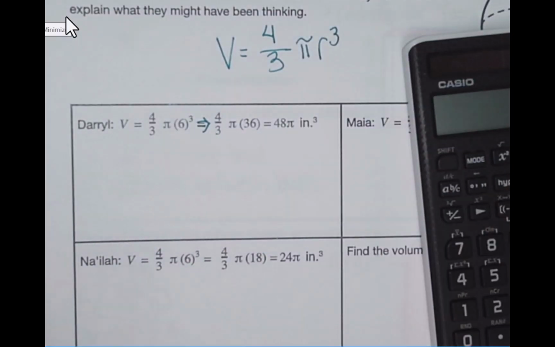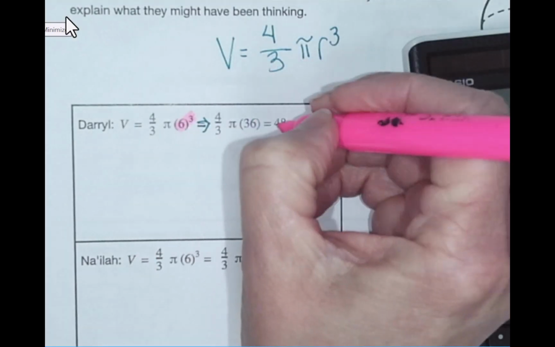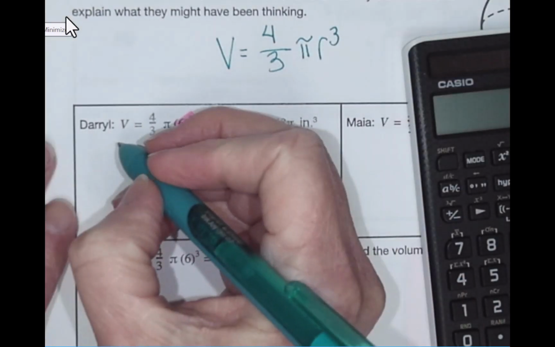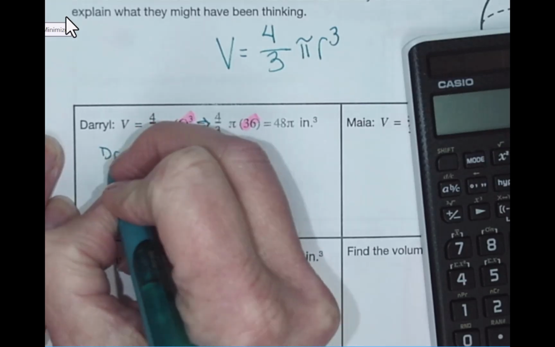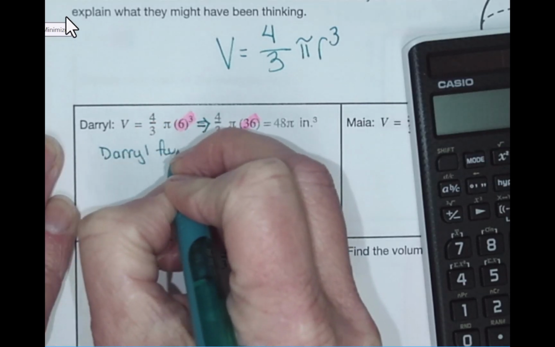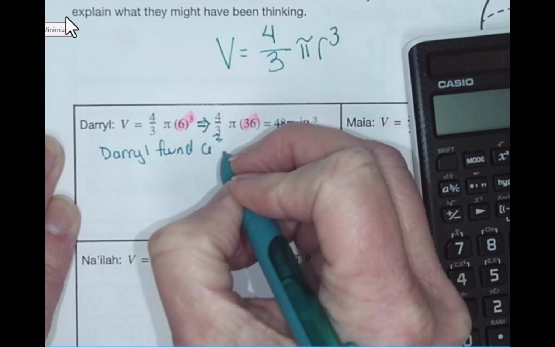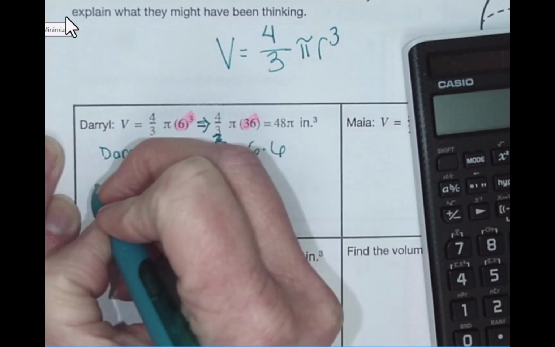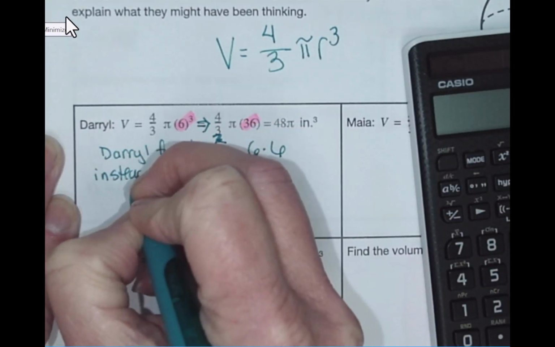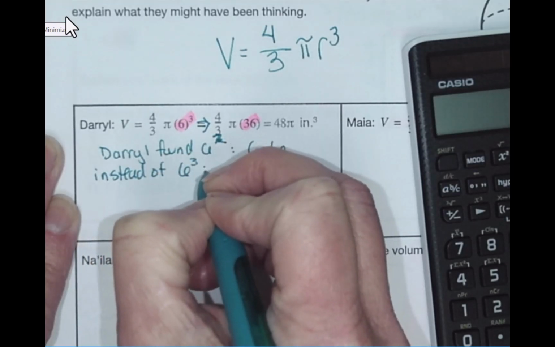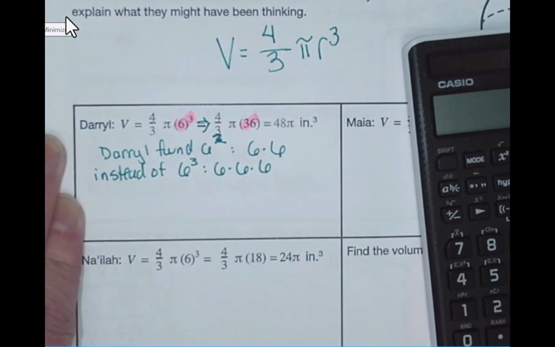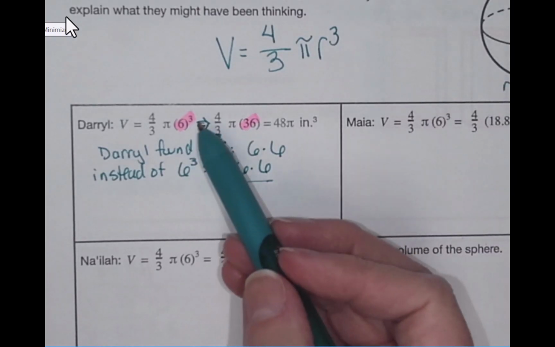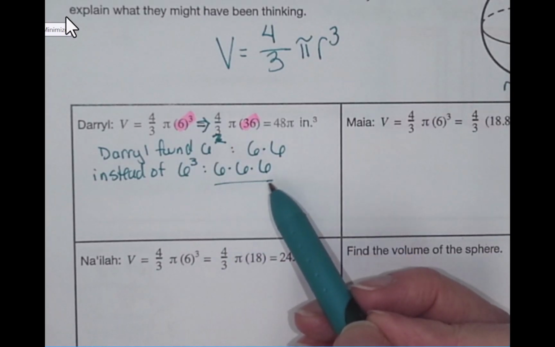So that was our first mistake. When he cubed the 6, he didn't really cube it, he just squared it. So Daryl found 6 squared, which is just 6 times 6, instead of 6 cubed, which is 6 times 6 times 6. Okay. So we'll be sure not to make that mistake. If it says to cube it, we'll multiply it by itself 3 times.